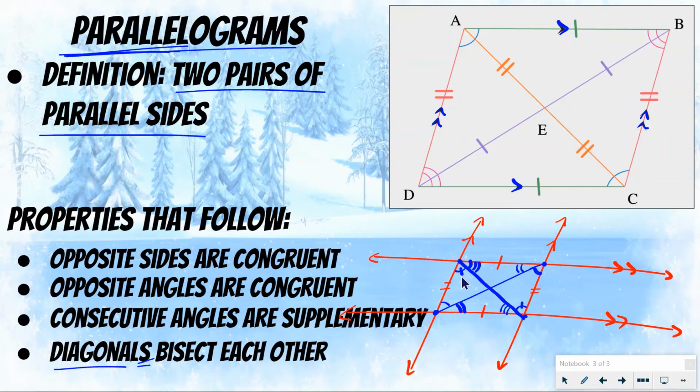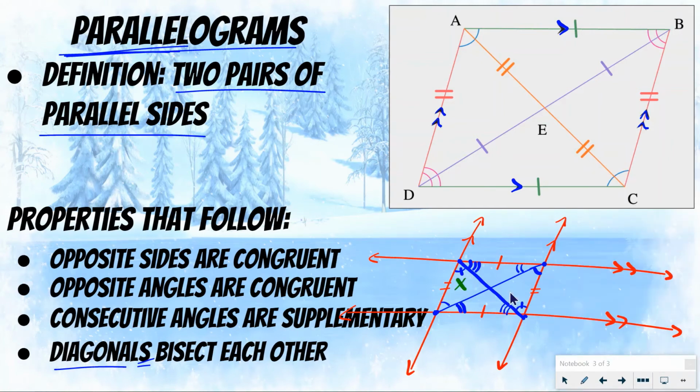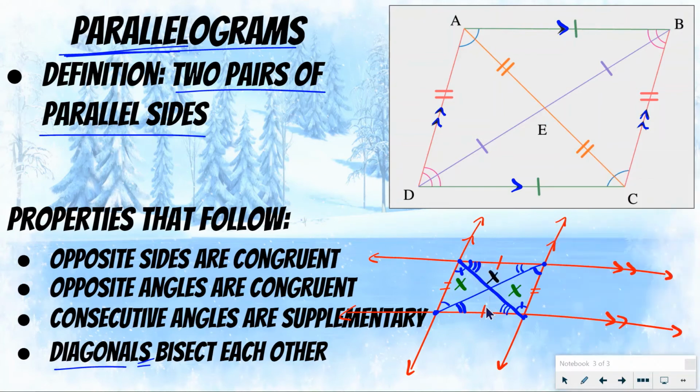So actually what we just showed is that I have now 2 pairs of congruent triangles. This one and this one are congruent, and this one and this one are congruent to each other. Okay, so I have pairs of congruent triangles, which means that corresponding parts again are congruent to each other. So this and this are congruent, and this is congruent to each other.